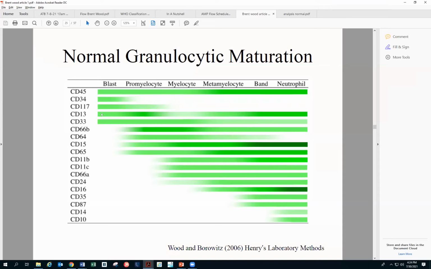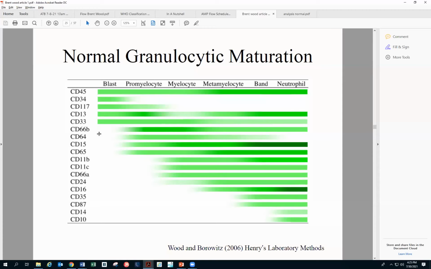As Rajeshwari was saying, CD13 dips in the myelocyte stage. So basically, CD13 is brighter in promyelocytes, dips in the myelocyte stage, and then again takes over, and it's brighter in the neutrophils. CD33 is more or less similar, dips a little bit over here, but similar.